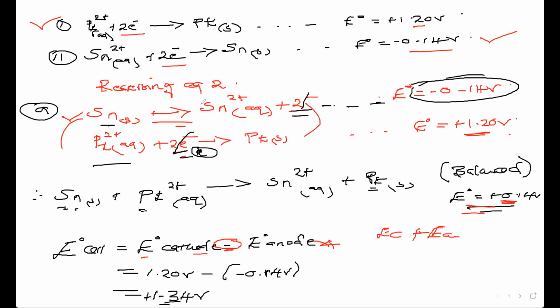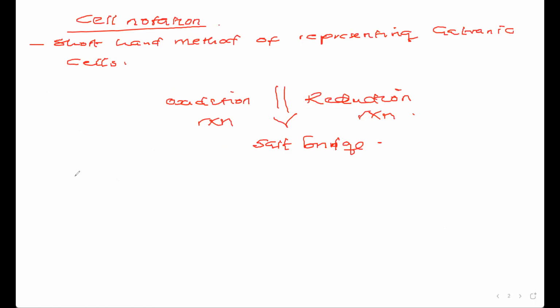So when we want to write the cell notation, you are going to have this one: tin solid, you write Sn solid, one line, then you write the one which is in aqueous 2+, and you even indicate its state symbol.